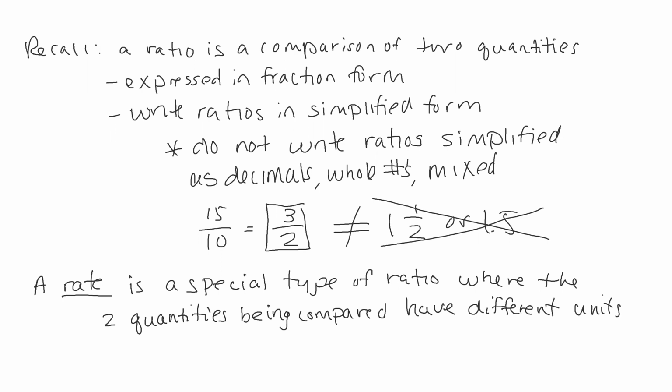So rates are just special types of ratios. The only thing that's different is the two quantities that you're comparing definitely have different units, okay? And because you have different units, it's very important to keep the units in the final answer.